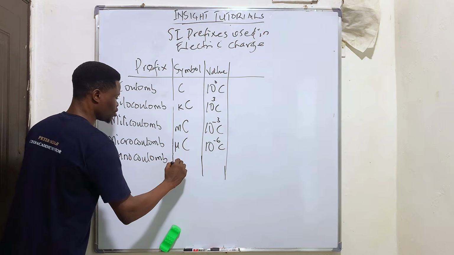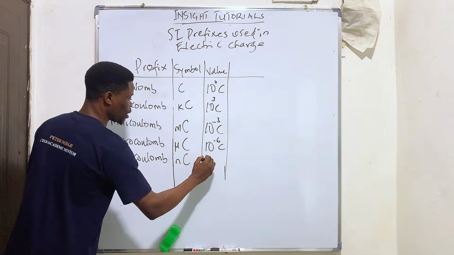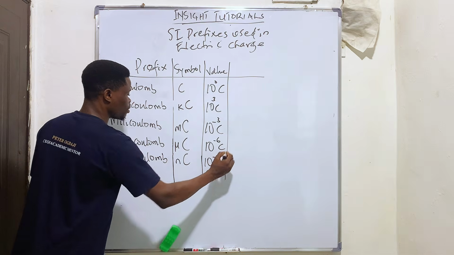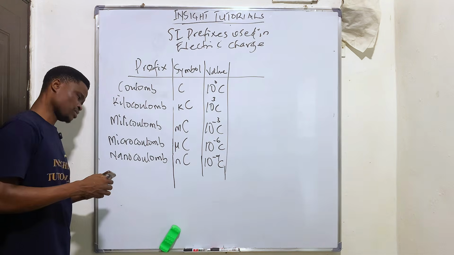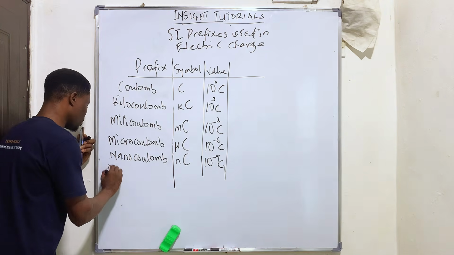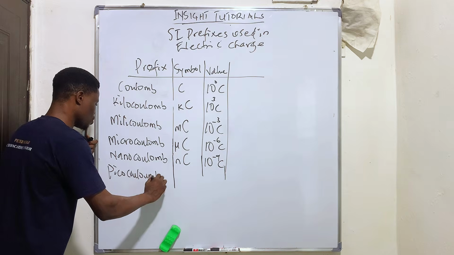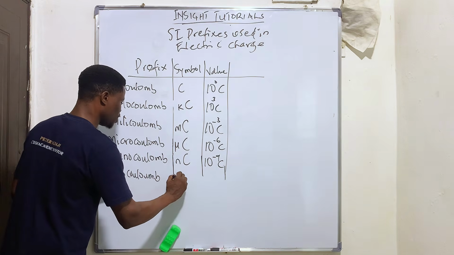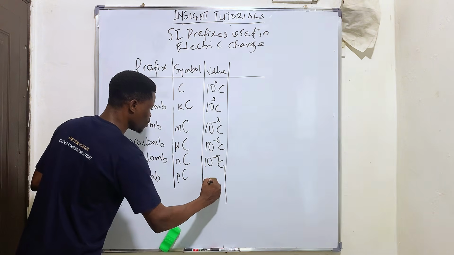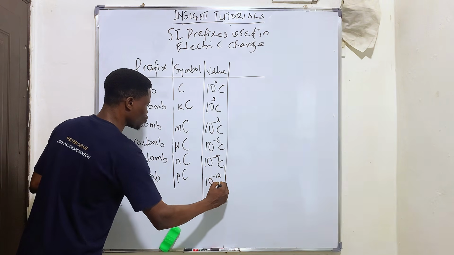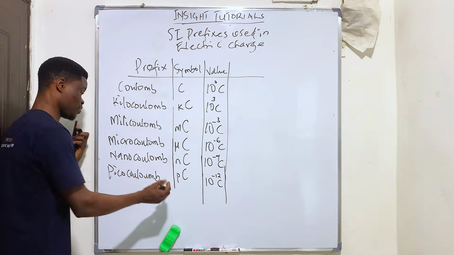A nanocoulomb, you see a small letter n and C added to it, and the word nano is 10 raised to the power of minus 9 coulomb. And if I'm to go further, I can talk about the picocoulomb, and it's a little p added to the coulomb, and that is 10 raised to the power of negative 12 coulomb.